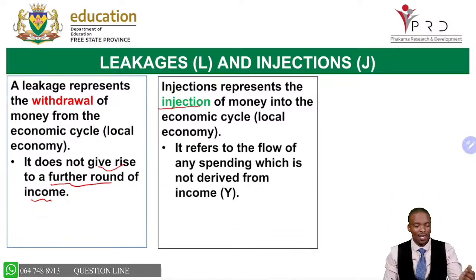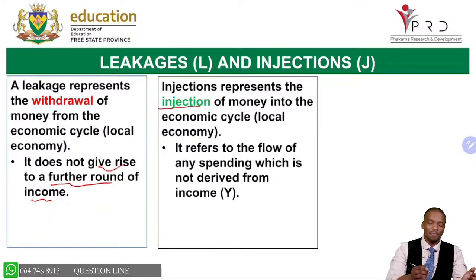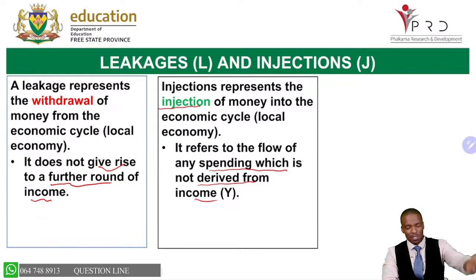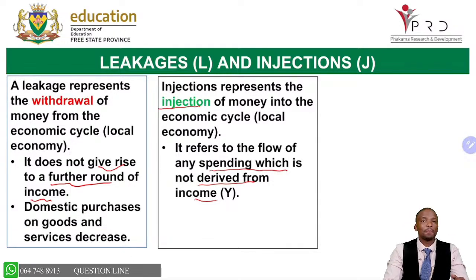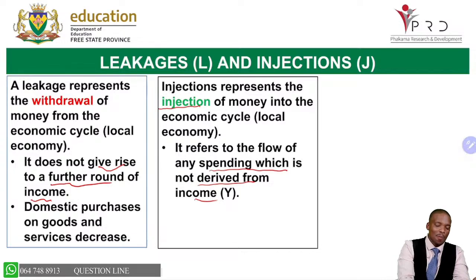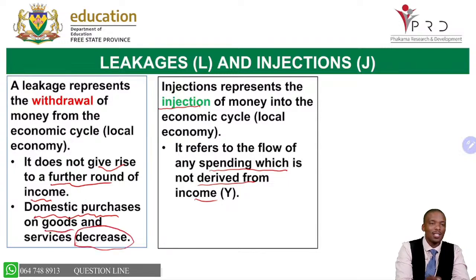Unlike on the other side, injections represent the flow of any spending which is not derived from your income: the consumption in terms of purchasing goods and services, the spending by the government, the investment by firms, as well as the earnings that were received from exports. Okay? So once there are leakages taking place, the domestic purchase of goods and services do what?